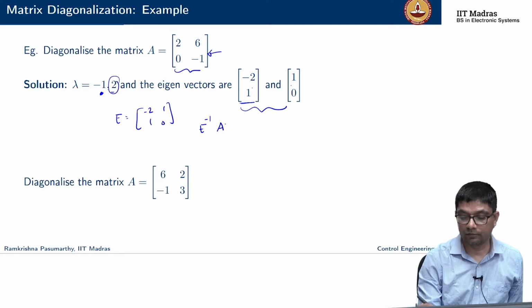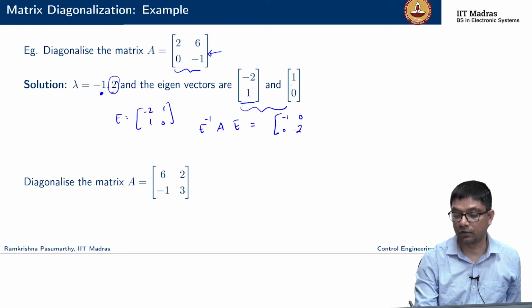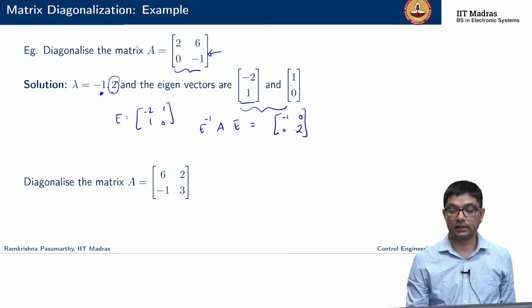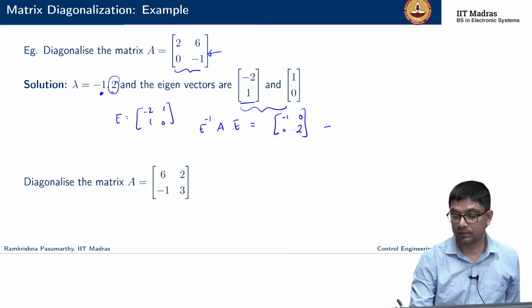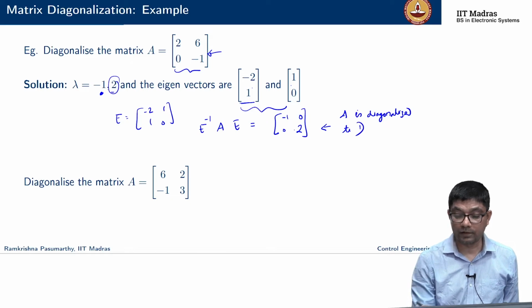If I do E inverse A, multiply it with the E again, what I get is a matrix which just has eigenvalues of A on its diagonal. So this matrix A is diagonalized to D, and what is it doing that?